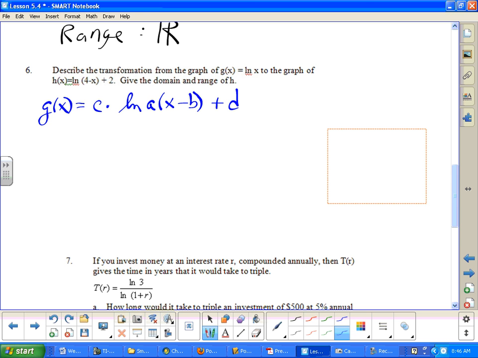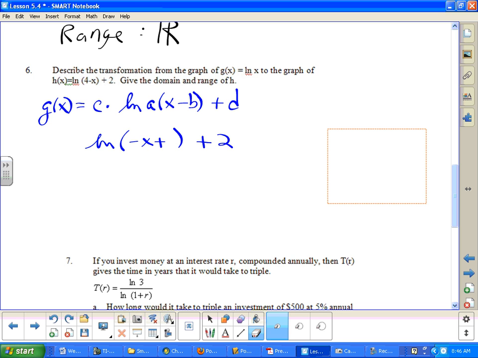So first of all, I have to change the order. So we've got the natural log of negative x plus 4, plus 2. That's the first thing I need to do. The second thing I need to do is, I can't have negative x, it has to be x, so we need to factor out that negative.